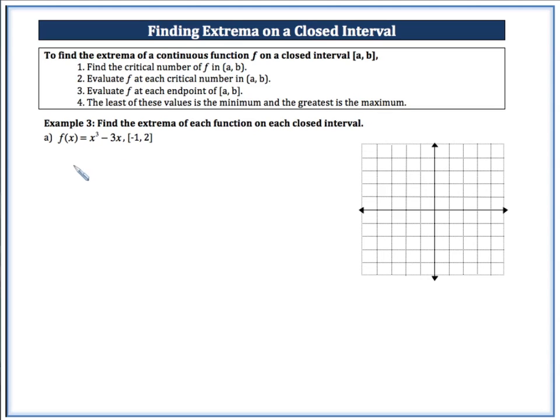Okay, so for right here, we have our function x cubed minus 3x on the closed interval negative 1 to 2. The first thing we have to do is find our derivative because we need to find our critical numbers. So f prime of x is going to equal 3x squared minus 3. To find a critical number, we set that equal to 0.